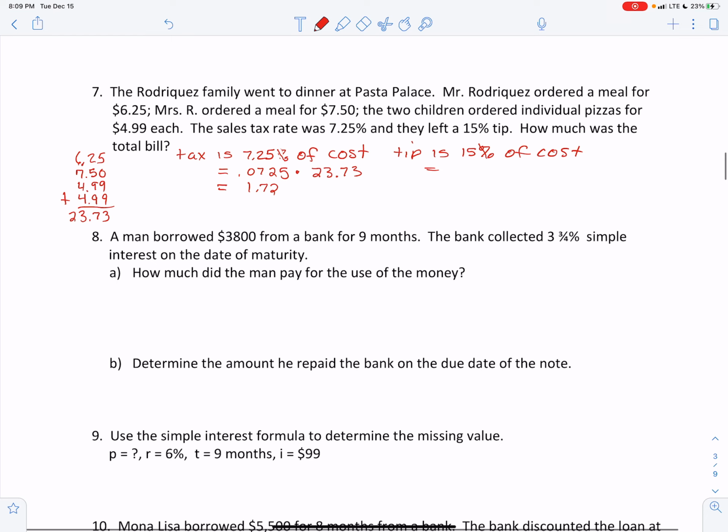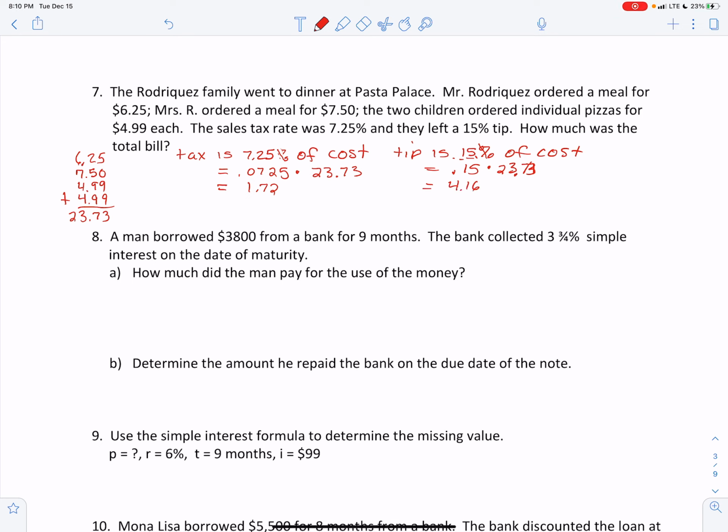Since there's no decimal point, we start from behind the number. So I get 0.15 times the cost of the meal, which was $23.73. So we're going to leave a $4.16 tip.